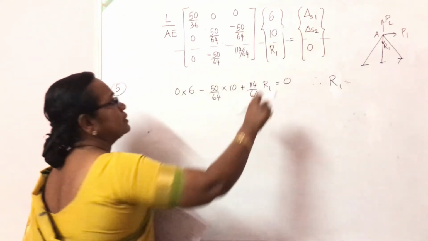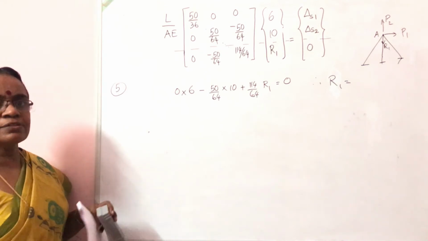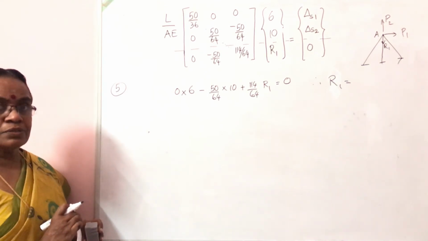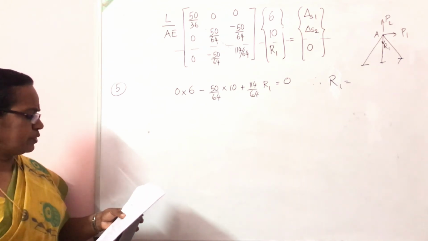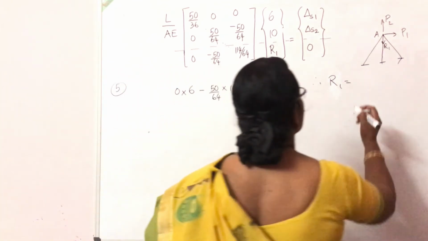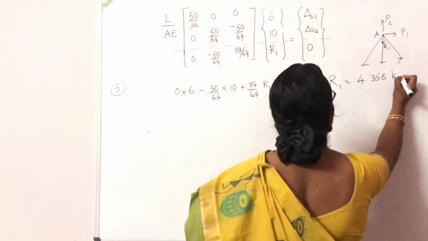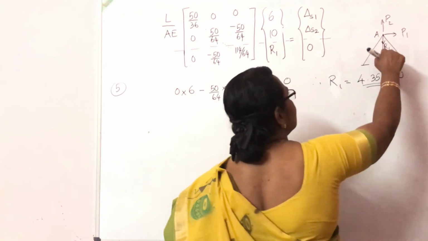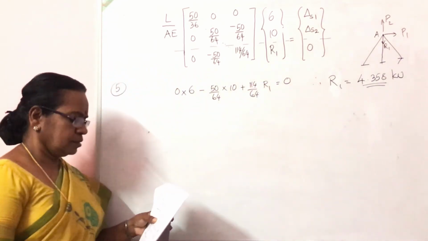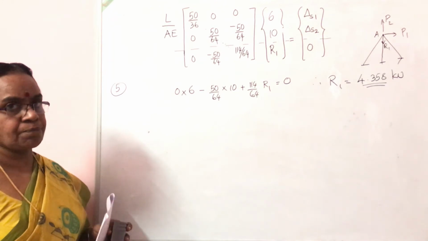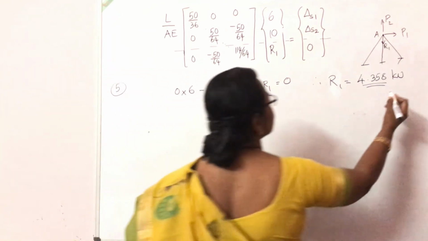So out of this 3 by 3 matrix, consider the last equation corresponding to the unknown redundant, solve it and get the value of R1. It worked out to 4.385 kilonewton. So the force in this member is 4.385 kilonewton. It is positive, so that means it is tension. So this is a tensile force.